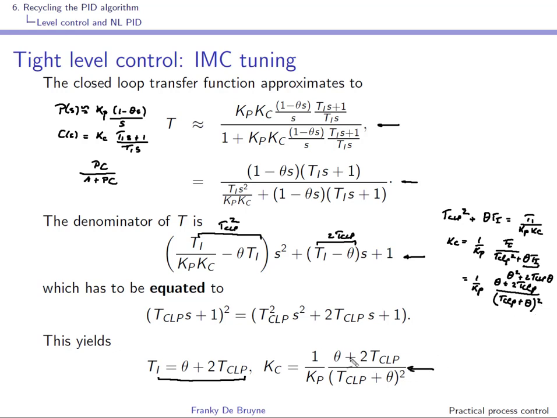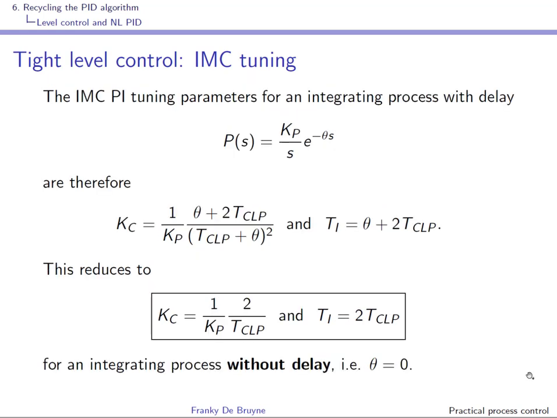And if you go and look in the IMC tuning table and you look at an integrating system with delay theta, you will see that indeed these are the parameters that you'll find in the table. These are the IMC tuning parameters for an integrating process with delay.